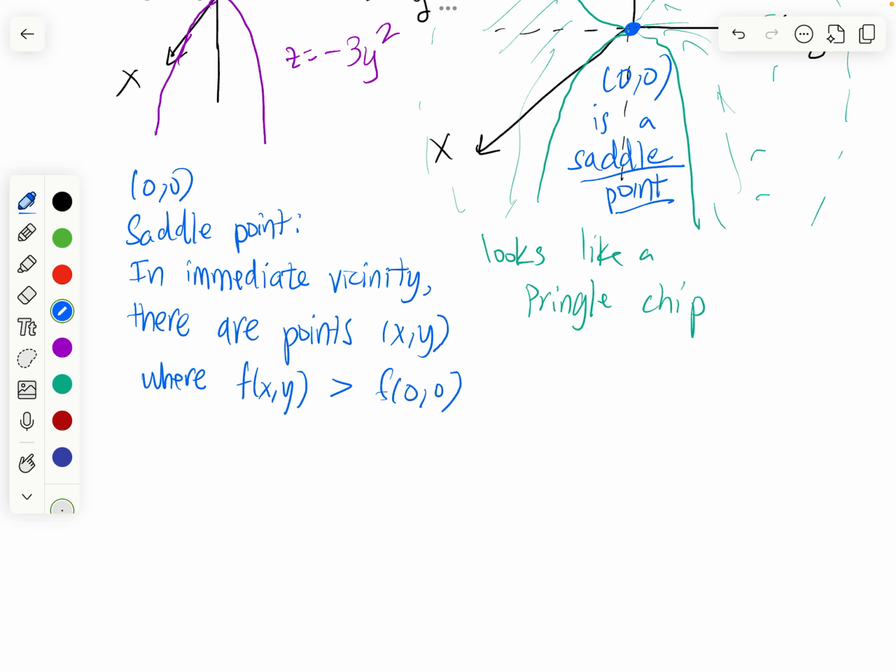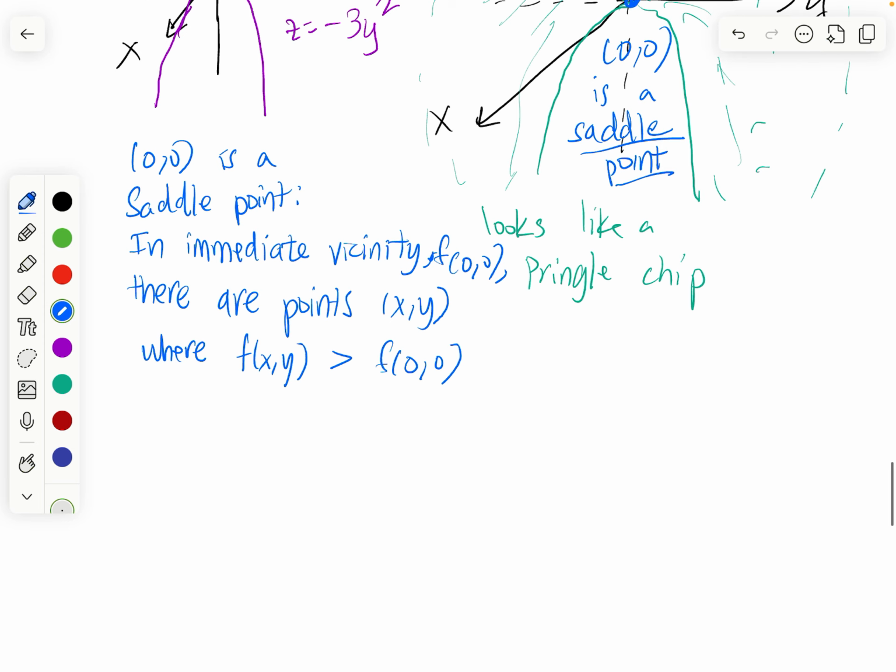So for 0, 0 to be a saddle point means that there are points xy in the immediate vicinity of 0, 0 where f of xy is greater than f of 0, 0, and points xy where f of xy is less than f of 0, 0.